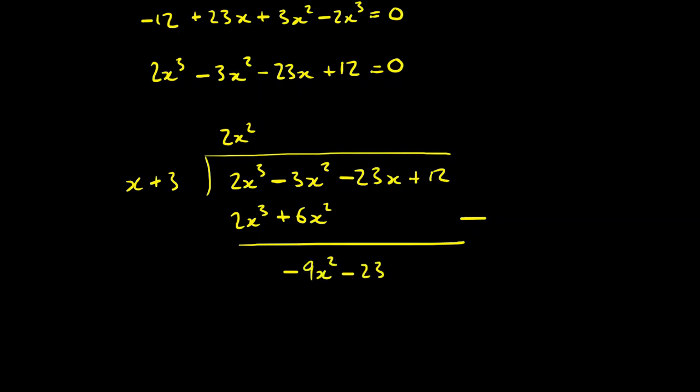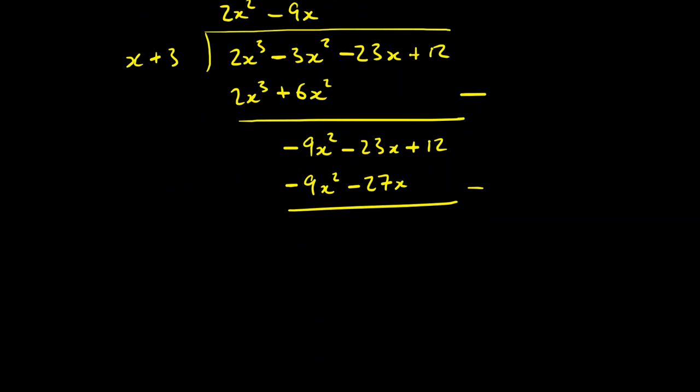Then minus 23x plus 12. Minus 9x squared is our new leading term, so we take that and divide it by x. If we do that, we get negative 9x. Again, we take the negative 9x and multiply it through by this thing here. We get minus 9x squared minus 27x, and subtract it off.